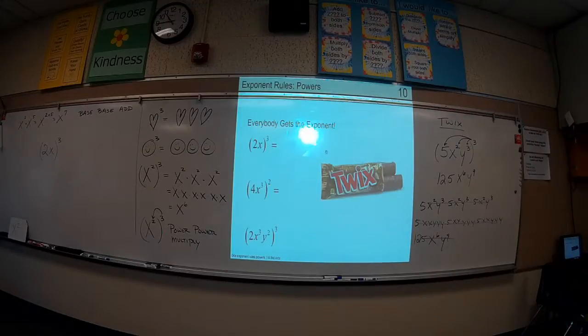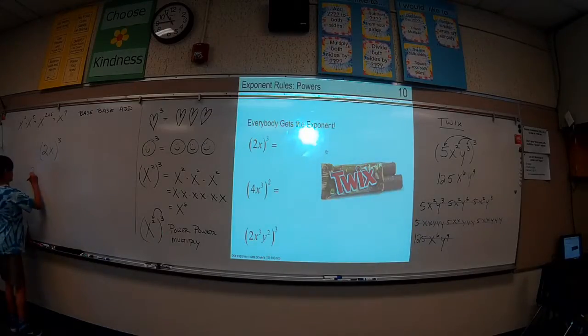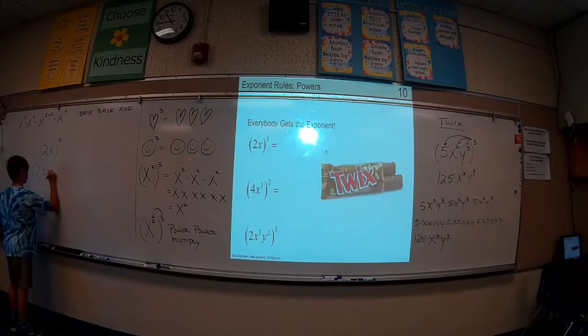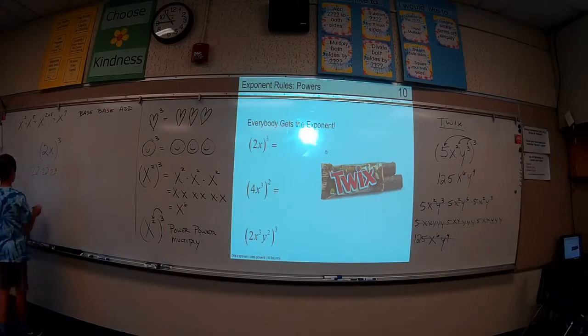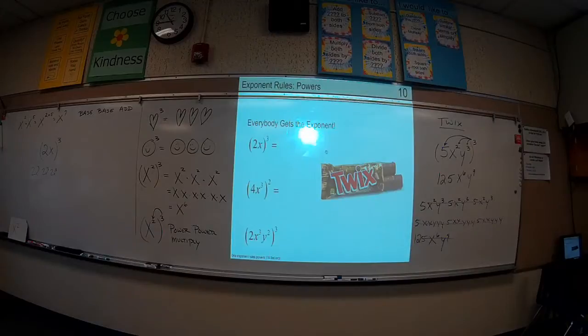Go up there, right up there on the board. 2x. Okay, back away. Do you like what he's written? Stay up here, though. Do you like what he has so far? Dakota, what do you want to tell me about this? I don't know, it's not right.